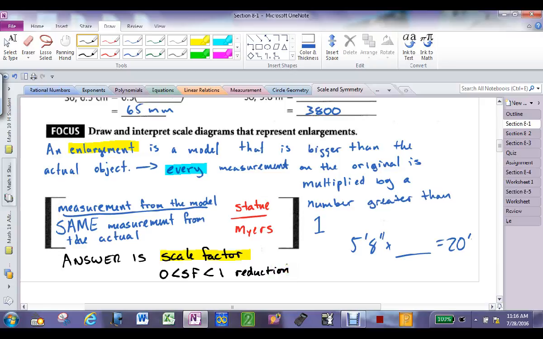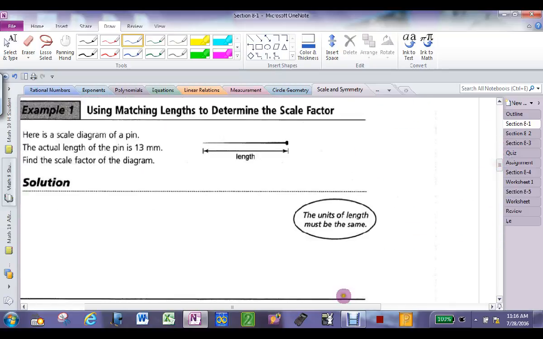The model is smaller than the original. The keychains, the little statues. If my scale factor is greater than 1, I have an enlargement. Is everybody okay with that? Okay. Now turn the page over and let's actually use this.